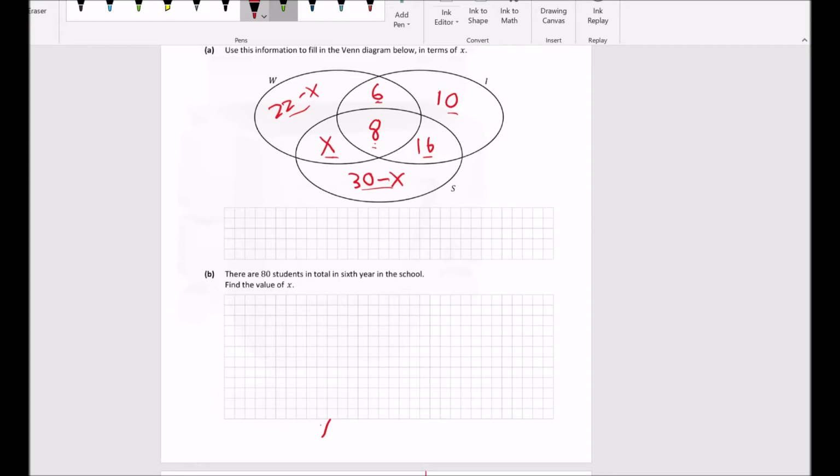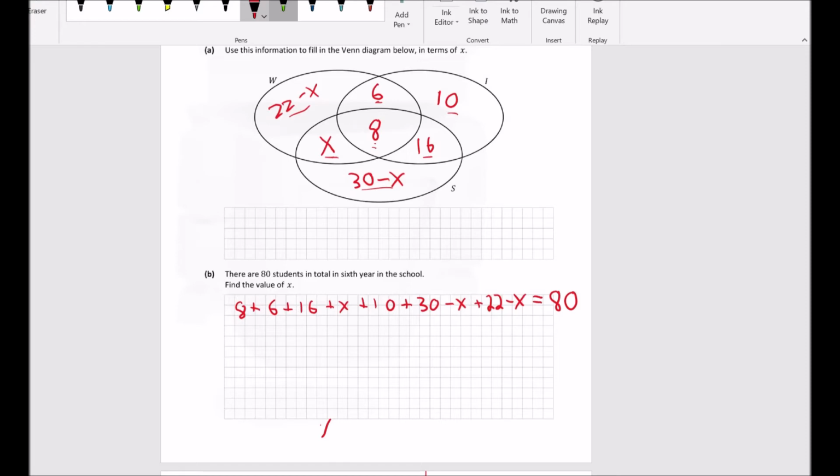So we have 8 plus 6 plus 16 plus X plus 10 plus 30 minus X plus 22 minus X, and that should give us 80.